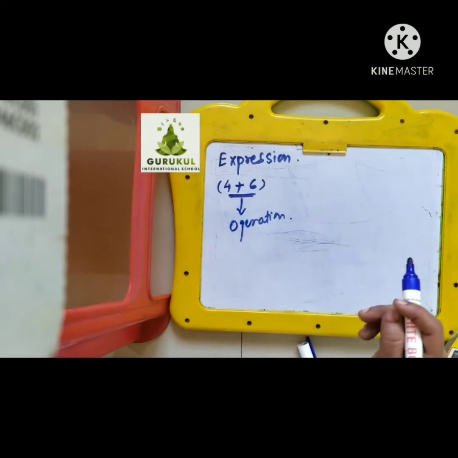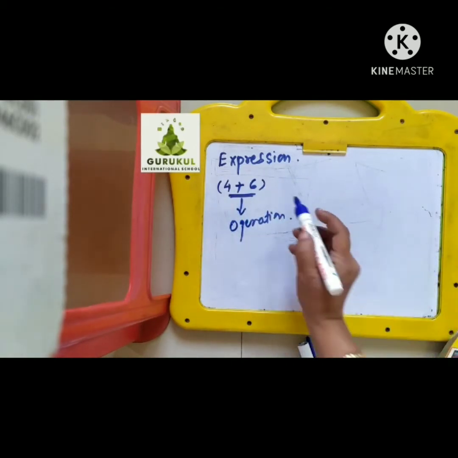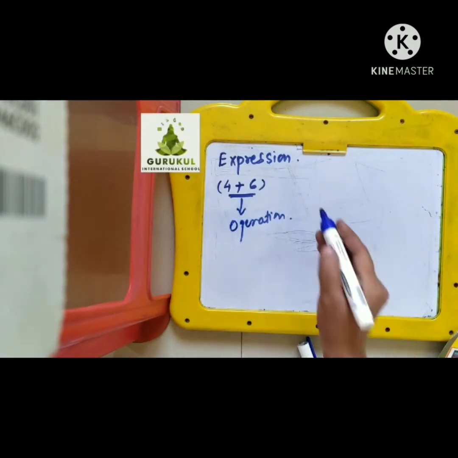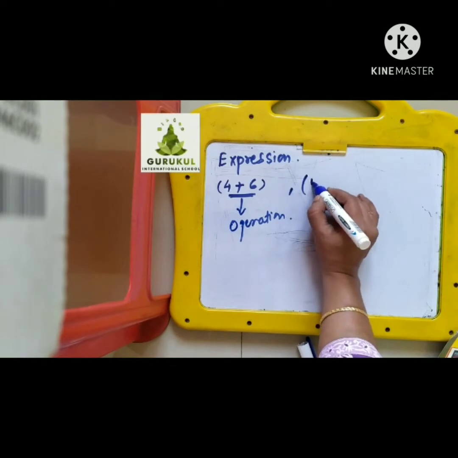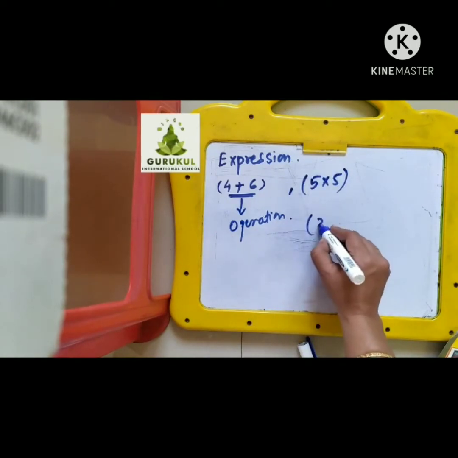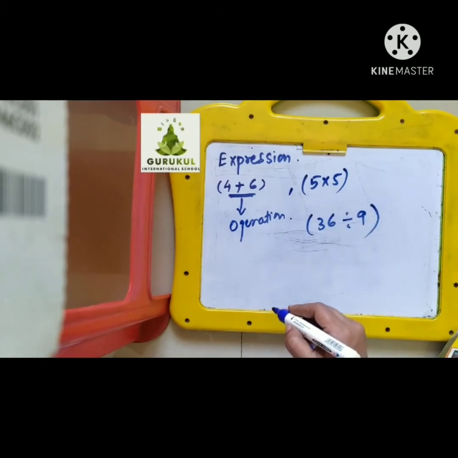Such numbers arranged in the bracket are called an expression. For example, I can say 5 into 5, put the bracket. I can say 36 divided by 9, complete a bracket.